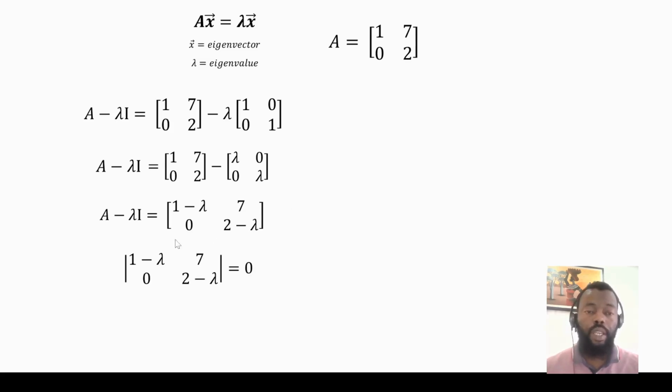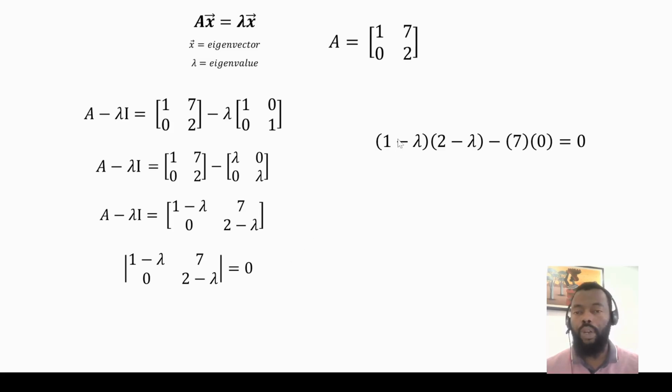So here we will have an equation, and this equation will come from the multiplication of 1 minus lambda times 2 minus lambda, plus 0 times 0, so equal to 0. Now we can do 1 times 2, 1 times negative lambda, negative lambda times 2, negative lambda times negative lambda, and here we will have 0.